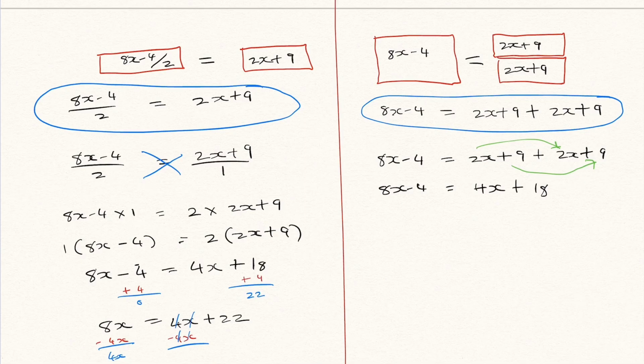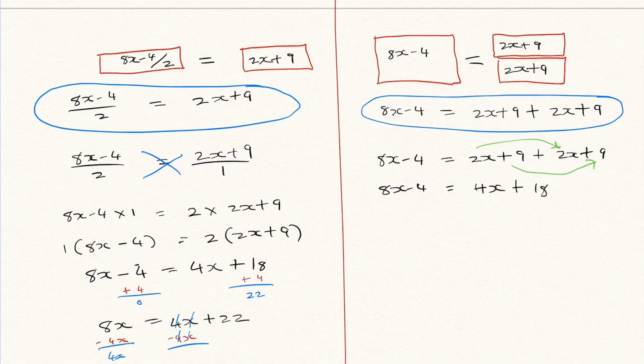So what we are going to do, just like the left hand side, is to make sure that we take away the 4. And how we're going to take away the 4 is to add 4 to both sides.